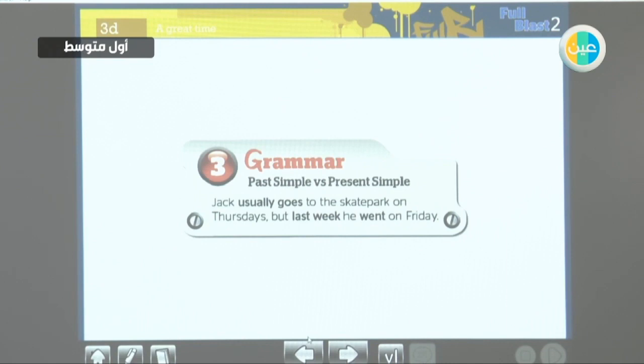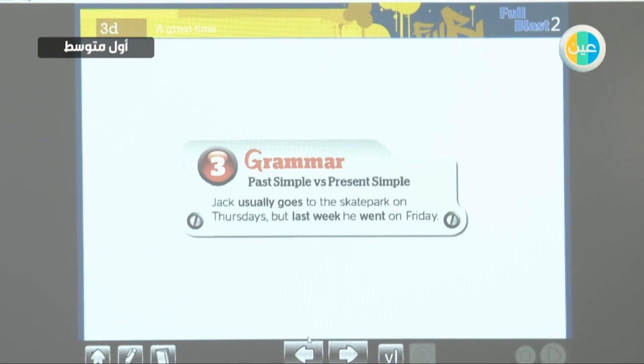As we know, the present simple is used when we talk about actions that happen as a routine, for example, every day, every week, every month, every year, or sometimes, never, always, usually. So, actions that happen in general. But the past simple happened for sure in the past.